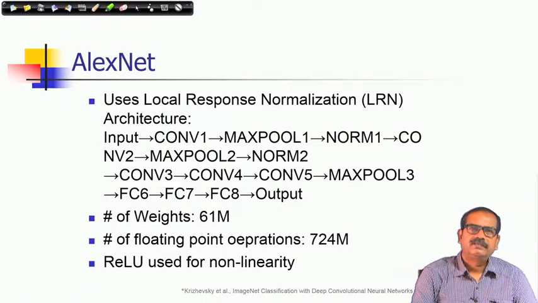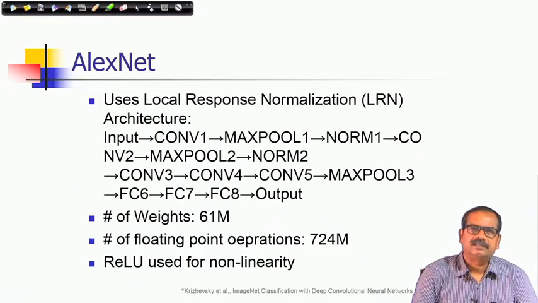In this network, it uses a normalization of the responses, local response normalization, and its architecture consists of 5 convolutional layers and 3 pooling layers. You can see that the first 2 pooling layers are adjacent to their convolution layers, but the last pooling layer operates after the data has been processed through the 3rd, 4th and 5th convolution layers.